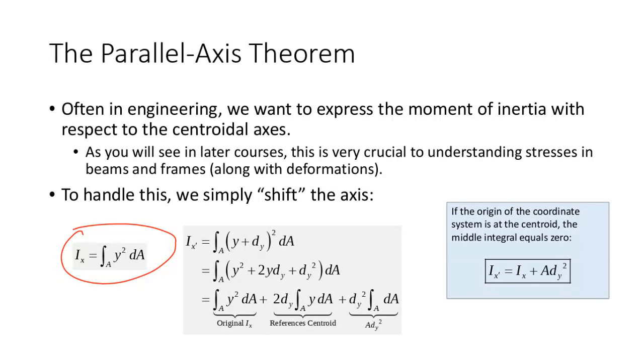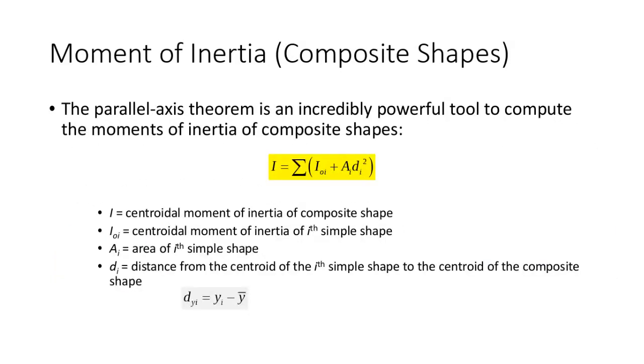Once you expand that out, you end up having 3 integrals. The first integral is just your original moment of inertia. The third integral is just Ad squared, and the one in the middle references the centroid, and if you put that coordinate system at the centroid, it's going to be 0. And so what you're left with is the following formula, which is the Parallel Axis Theorem.